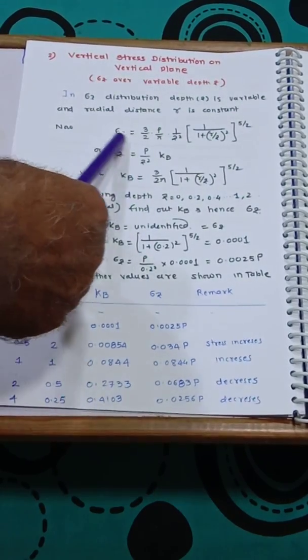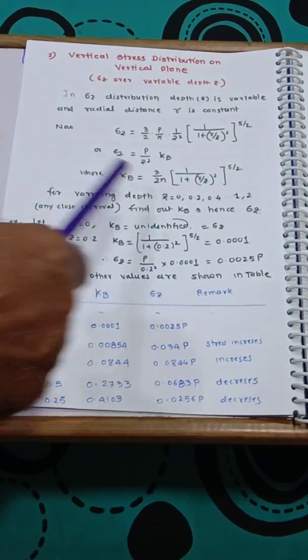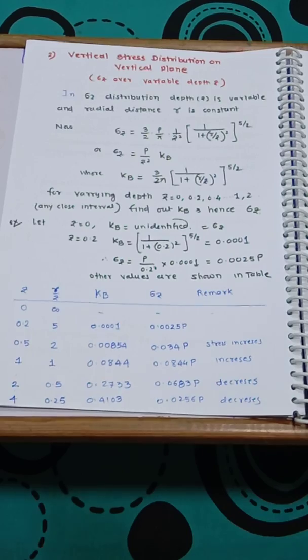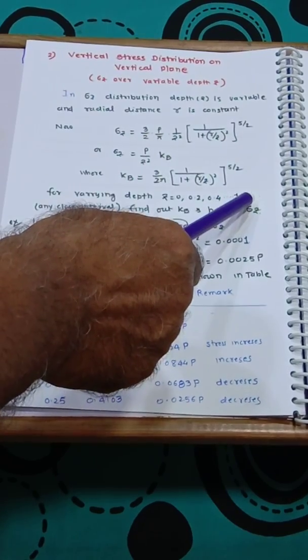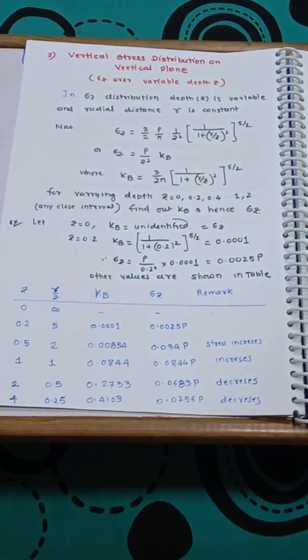Again, the Boussinesq equation is written in short form in terms of an influence factor, where this influence factor is a function of r by z. Now here I am varying the depths: z is 0, 0.2, 0.1, any small or close interval you can take. Let us say z is 0.